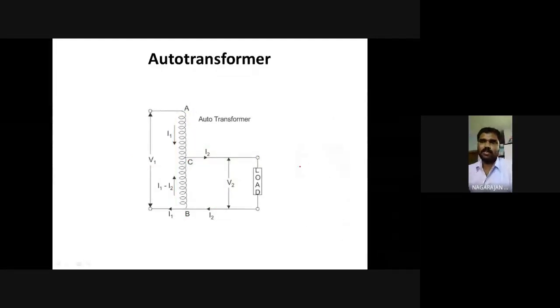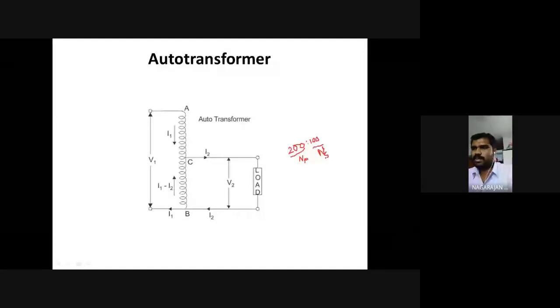The second difference is that the voltage ratio of a two winding transformer is fixed. For example, if I have a turns ratio of 200 to 100, this means the number of turns in the primary, NP, is 200, and the number of turns in the secondary, NS, is 100.